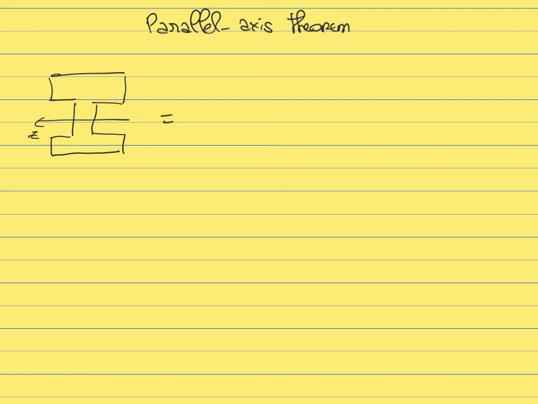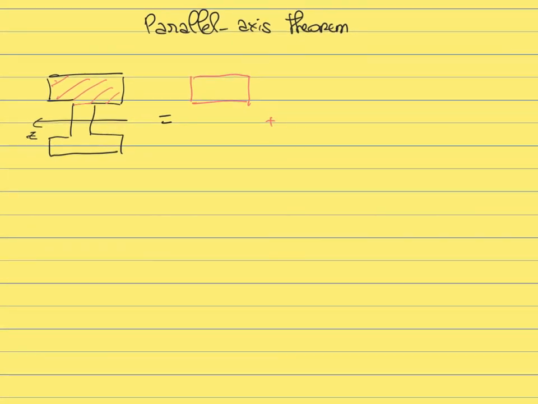There are different ways to do that, but you can say that, for example, this part of the cross section is this, plus this rectangle here, plus this rectangle here.